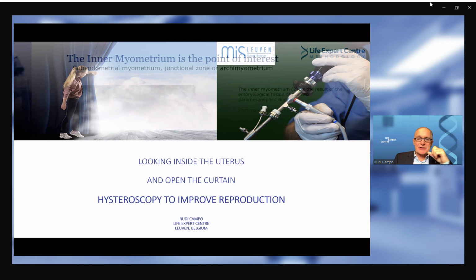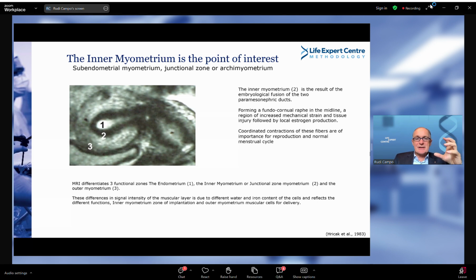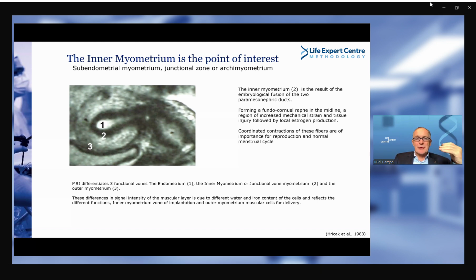What is important in this talk is the inner myometrium. In our research today, we believe that we have to explore more and more the inner myometrium and its function. This MRI shows us the 3 functional zones: number 1, the endometrium; number 2, the junctional zone myometrium; number 3, the outer myometrium; and they have specific roles.